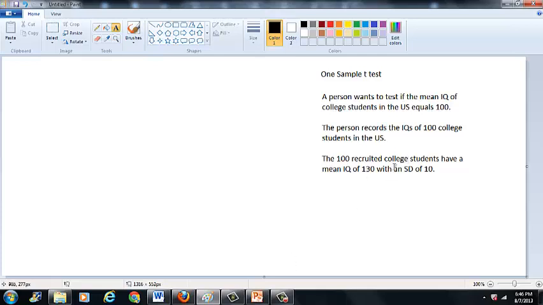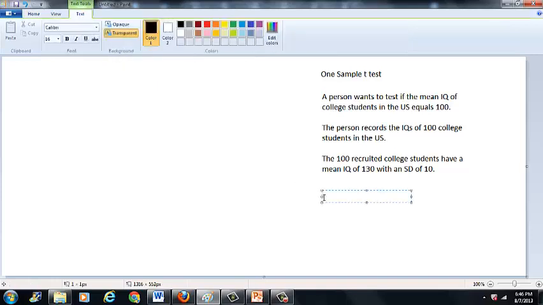So we have our data set, but how do we know what decision to make about whether the mean IQ of college students in the US equals 100? There are two possibilities that might be true. Either the mean does equal 100 or it doesn't equal 100.